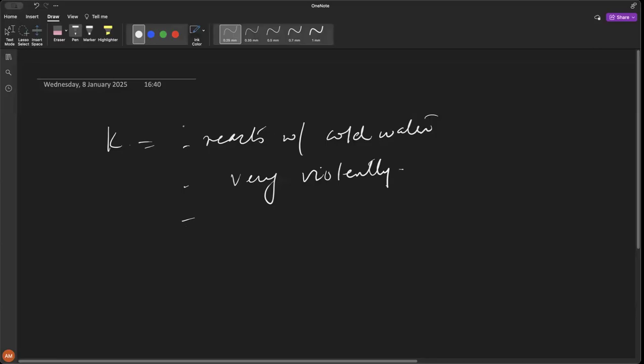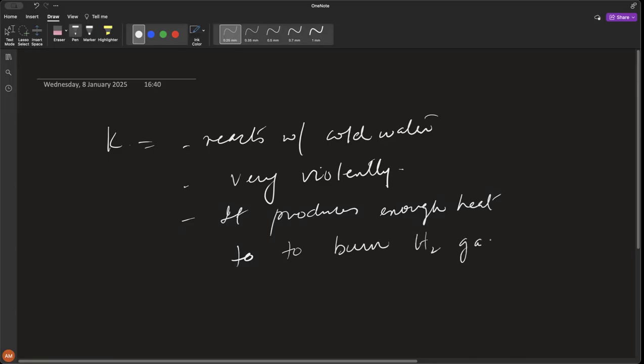All right, and burns violently. It produces enough heat to burn hydrogen gas with a lilac flame.